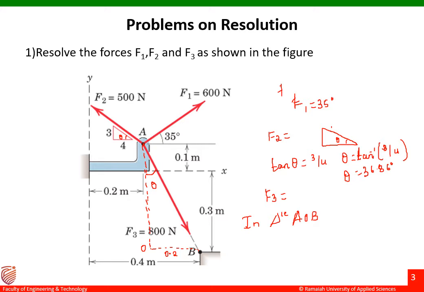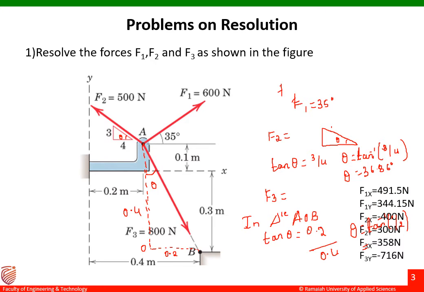Now we have to find the distance from A to point O. From A to point O, it is 0.1 plus 0.3, so the total distance is 0.4 here. Let me take the angle again: tan theta is equal to opposite, that is 0.2, divided by 0.4. So theta equals tan inverse of 1 by 2.